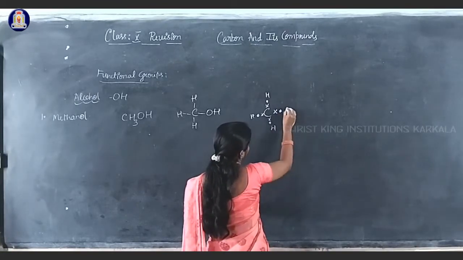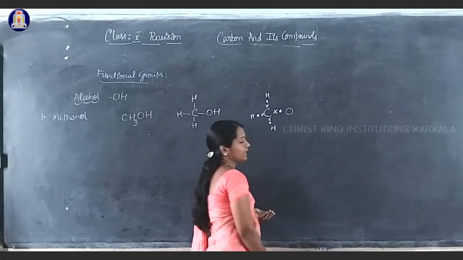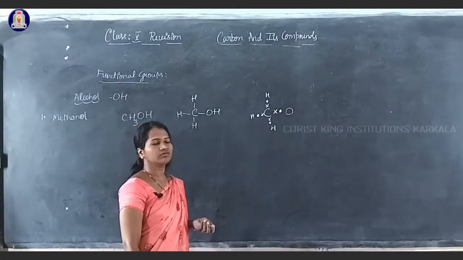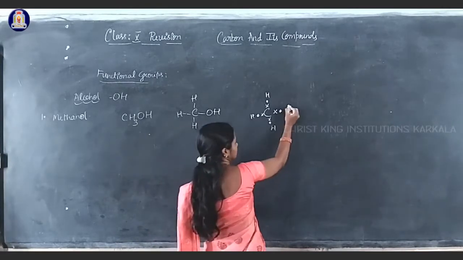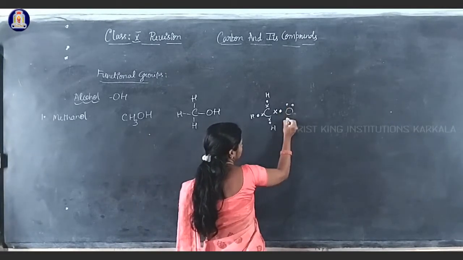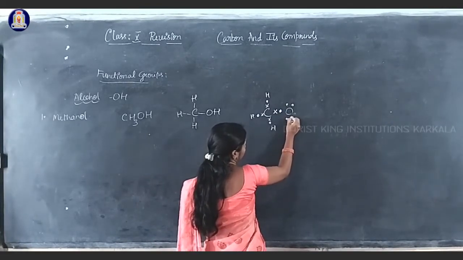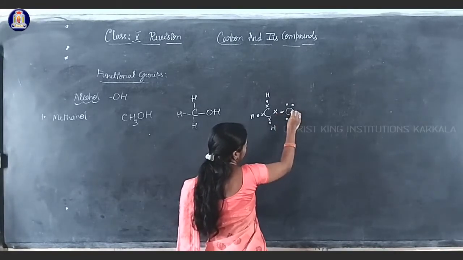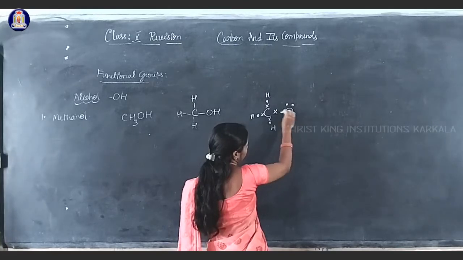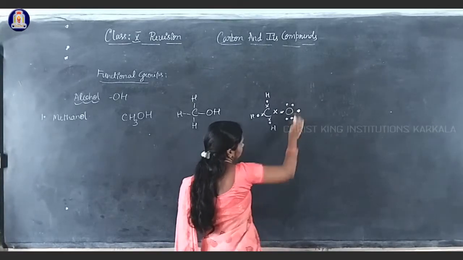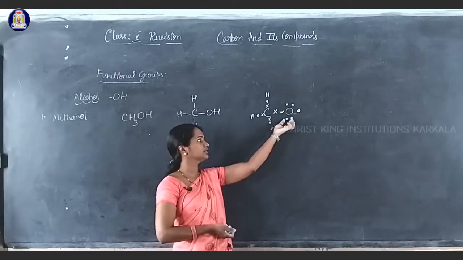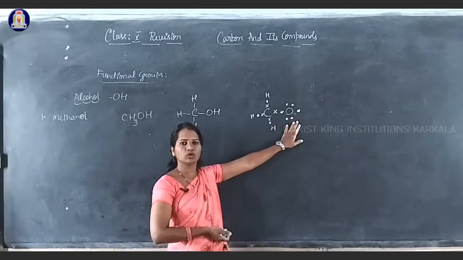Oxygen: how many electrons are present around the oxygen, or what is the valency of oxygen? That is 6: 1, 2, 3, 4, 5, 6. Around the oxygen there are 6 valence electrons.